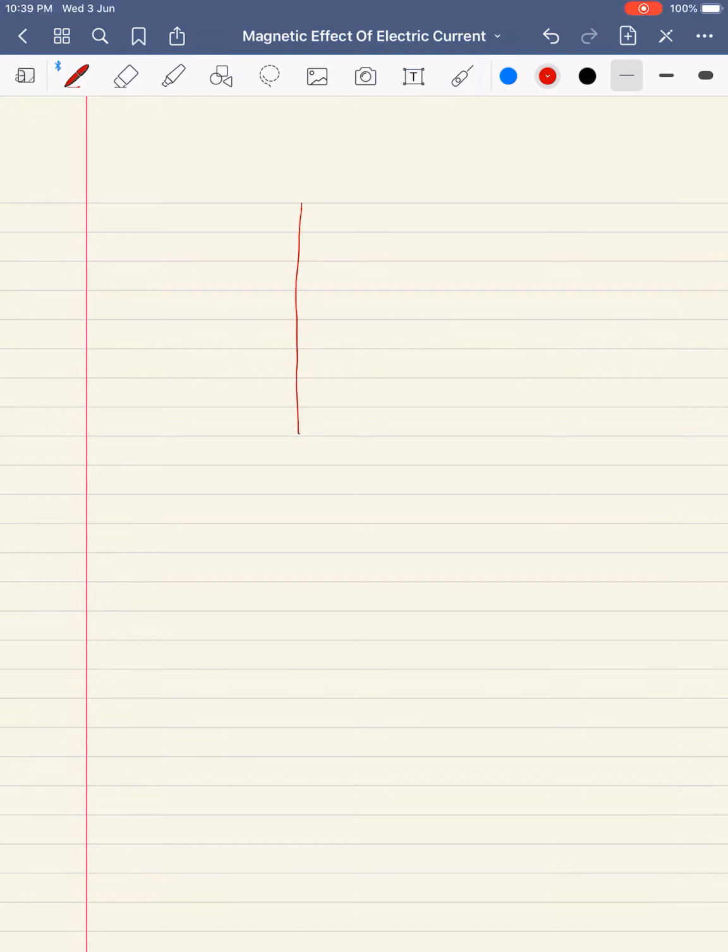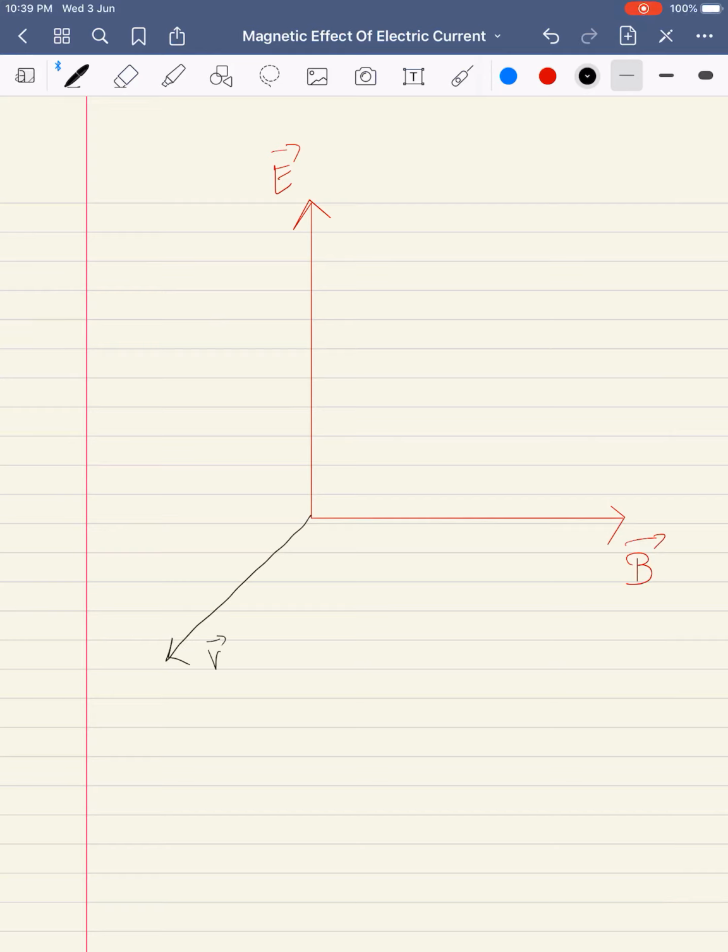So let's consider that the charge is experiencing a magnetic field and an electric field normal to the plane of paper, and the charge is moving perpendicular to each other, and the charge is moving along the z axis with a velocity v vector.